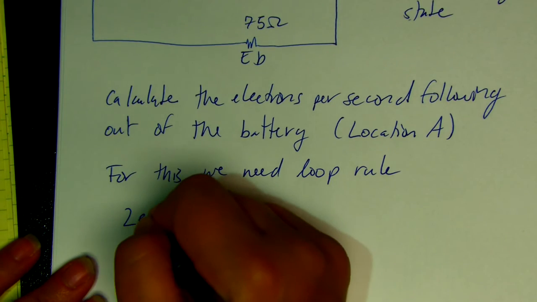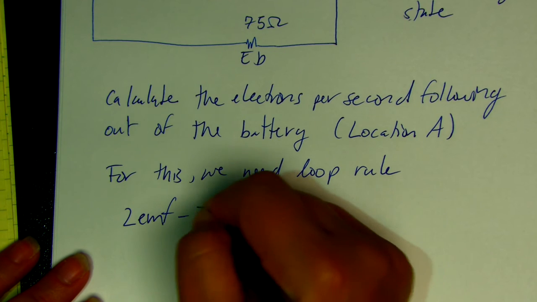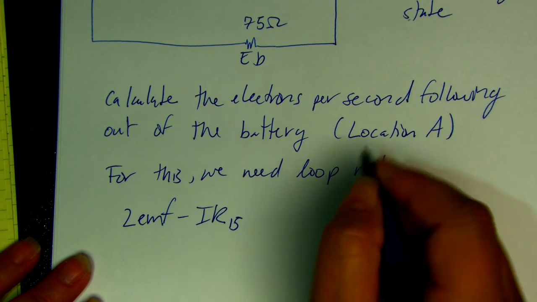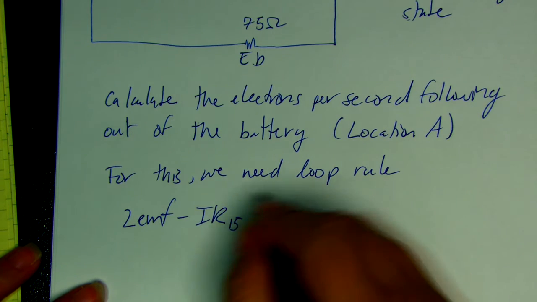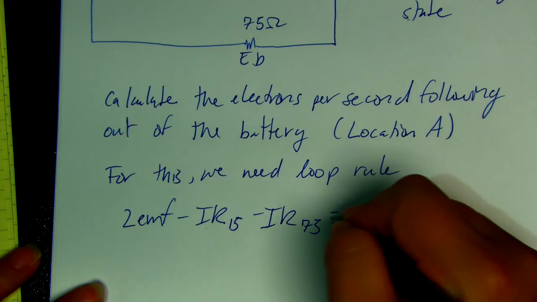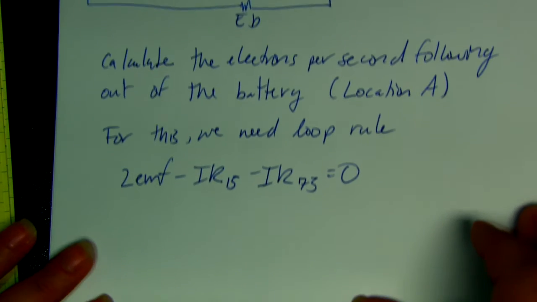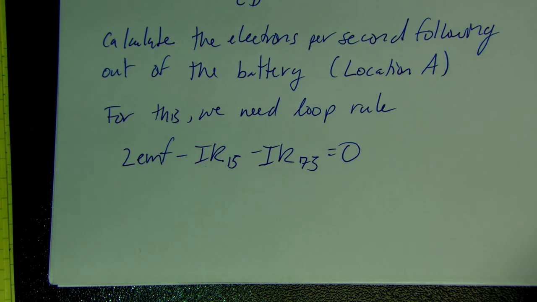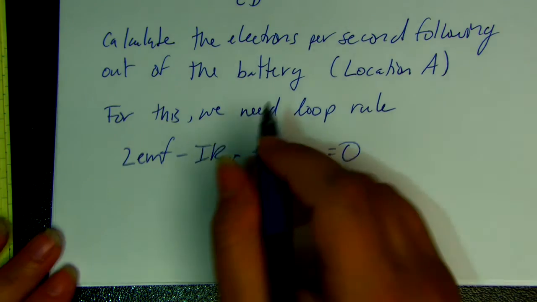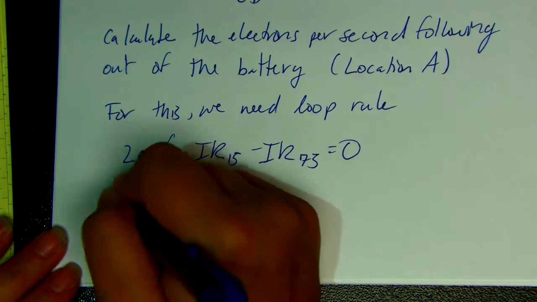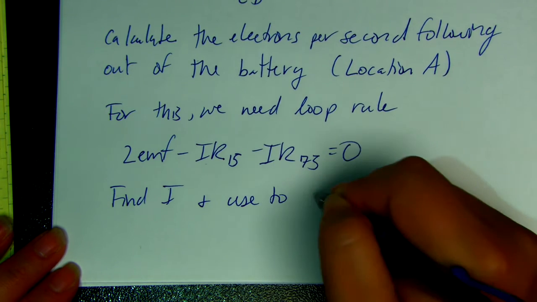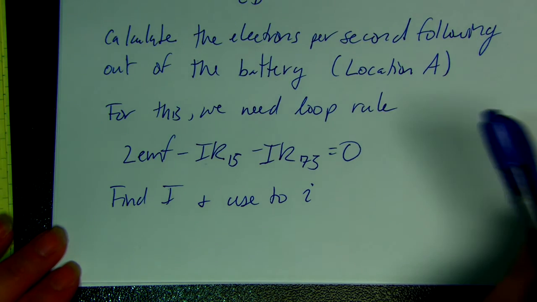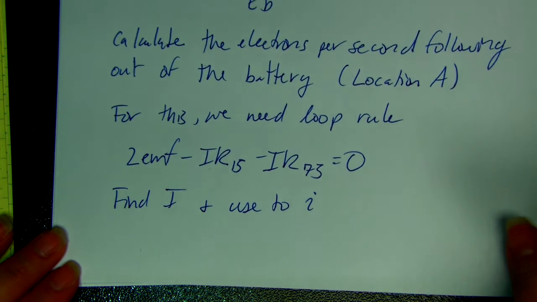So we would have twice the EMF minus IR 15 ohms minus IR 75 ohms. Remember, these are all the voltage drops, is equal to 0. And we've got all the information to calculate conventional current, so we're going to find conventional current I and use it to get little i. Okay, so now that we have our plan of attack, let's go ahead and implement it.